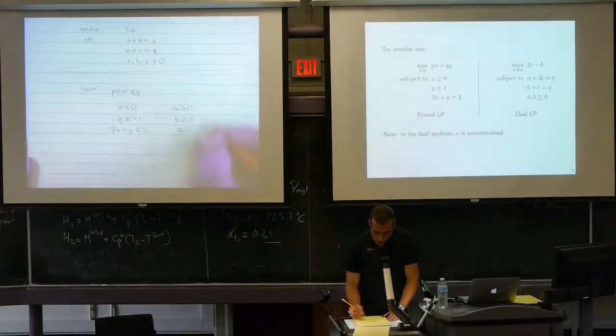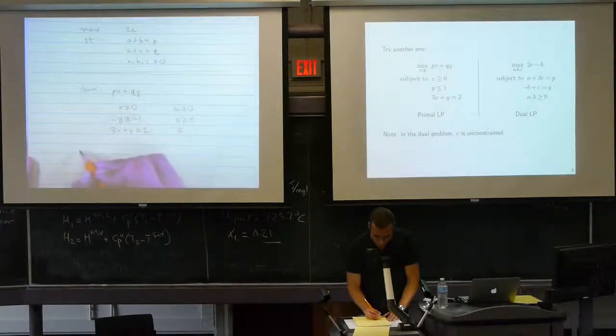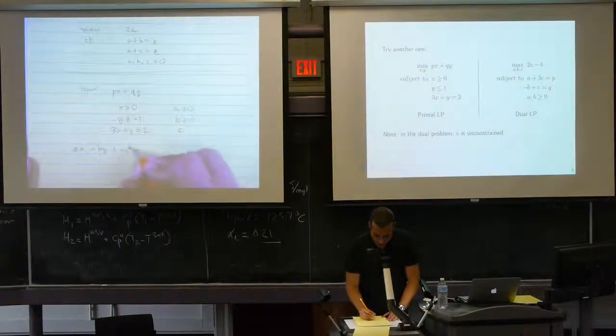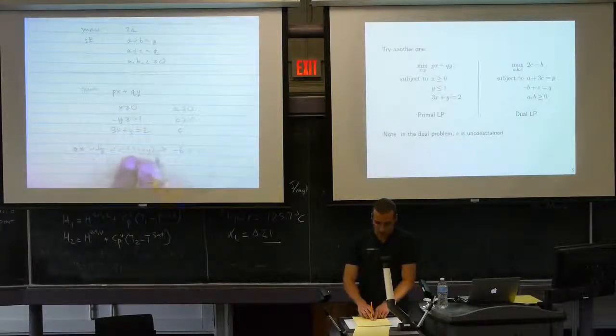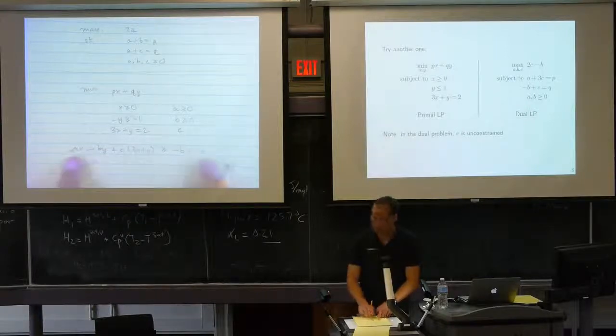So for any a, b, and c of this form, if x and y are feasible for the program, I can take ax, and b times minus y, so minus by, and c times 3x plus y, and that's going to be bigger than or equal to a times 0, so nothing, plus b times minus 1, so minus b, plus c times 2. So this is actually equal to 2c, even though this was only bigger than or equal to minus b. But we collapse that just by writing it like that.